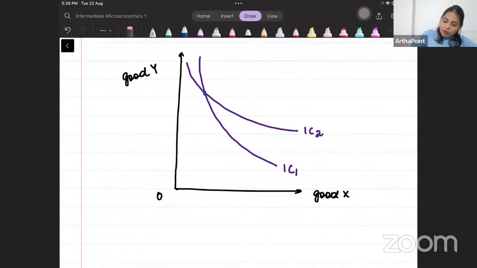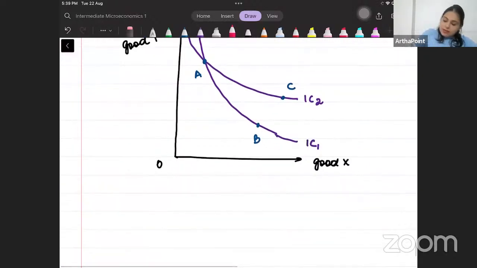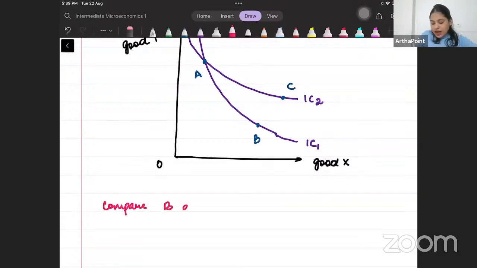So beta ये हो गया point A, point B and point C. Okay. Let me just extend this a bit for easy understanding. यहाँ तक ले लेते हैं. This is IC1. Now consider. Beta compare B and C. Just compare B and C.